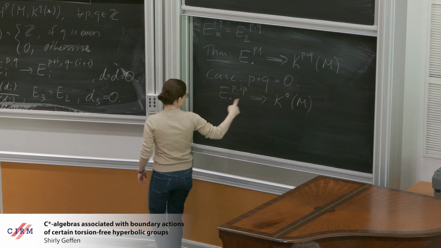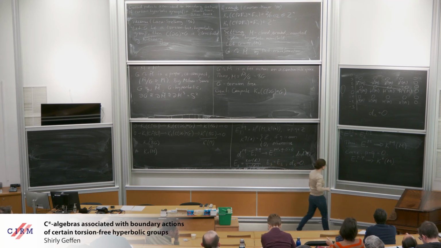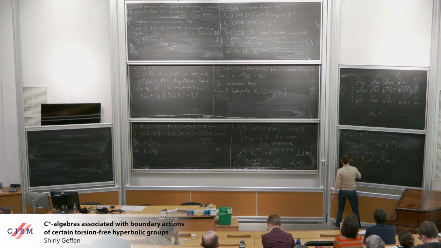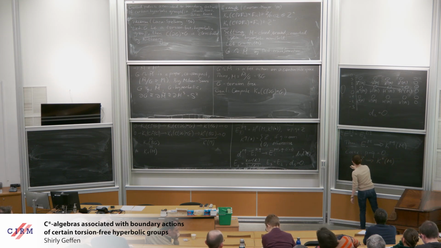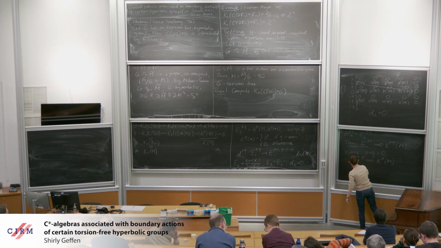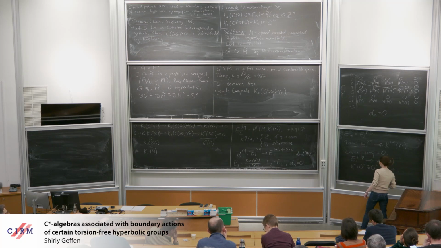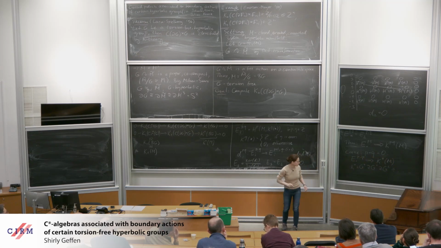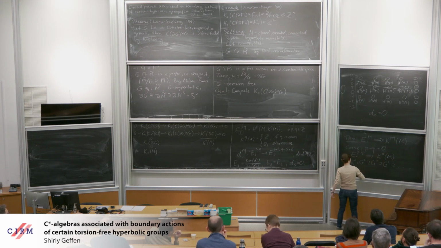And now I have to interpret what this convergence means. This convergence means that there exists some filtration of this limit term, of this K0 of M. So there exists some filtration, descending normal subgroups, which is also Hausdorff, namely the intersection of all of these G_p vanishes.